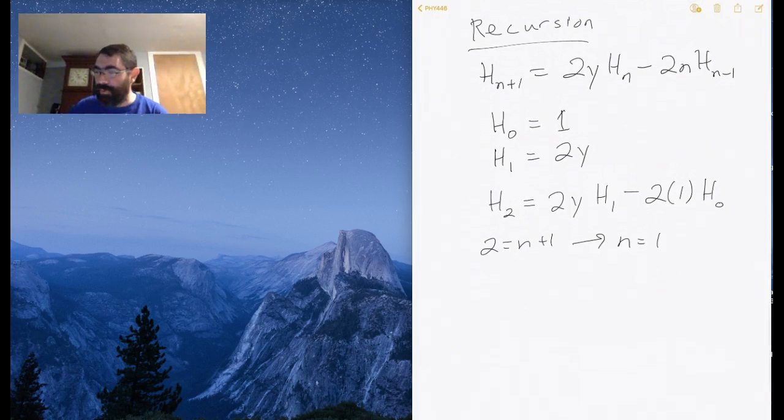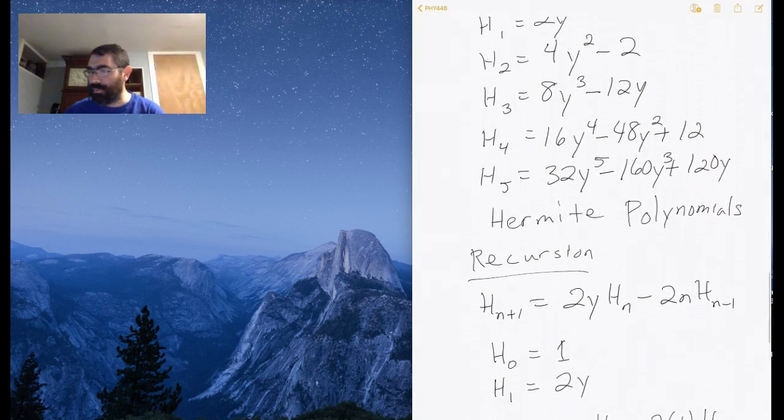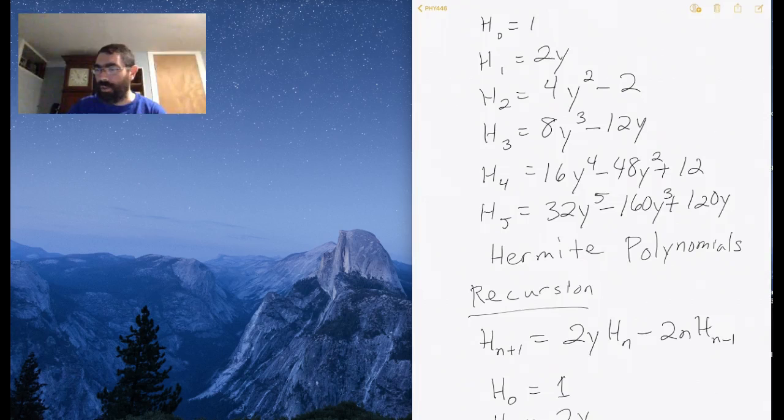Okay, so now if we put everything together, H2 is equal to 2y, H1 is another 2y, minus 2 times 1. So now we get 4y squared minus 2, which if I go back up to the list we had up here, that's what we get. That's the value we get right here.